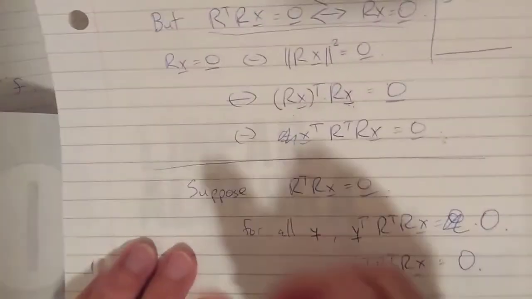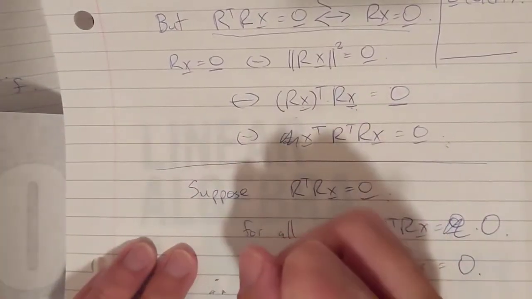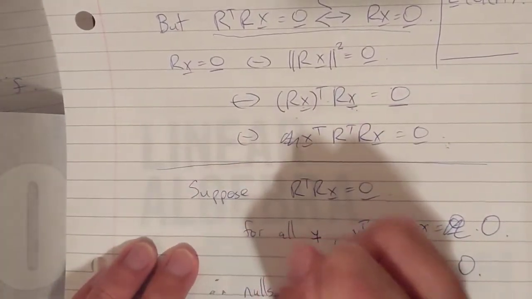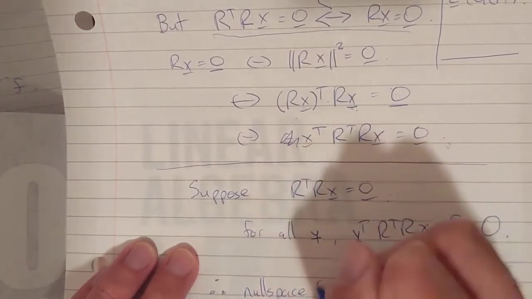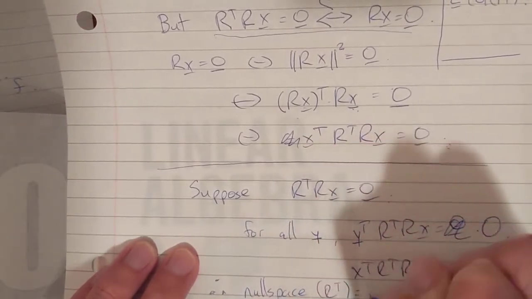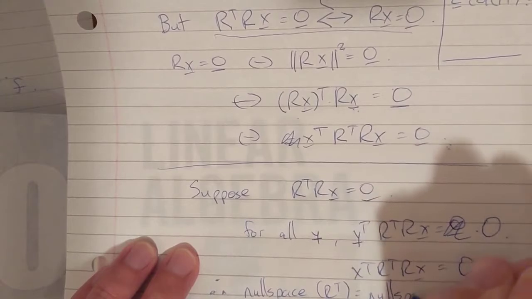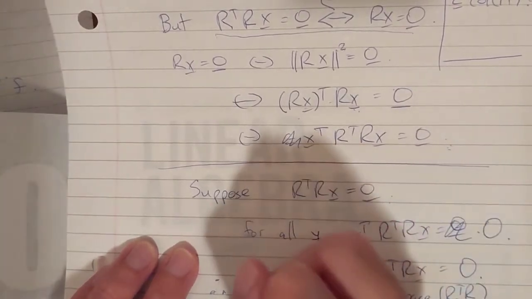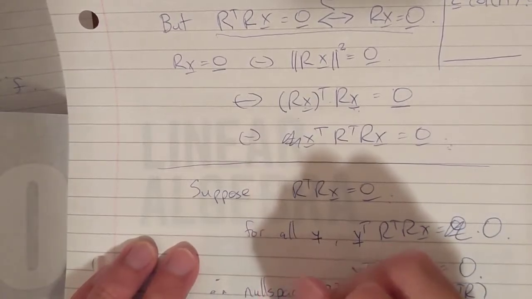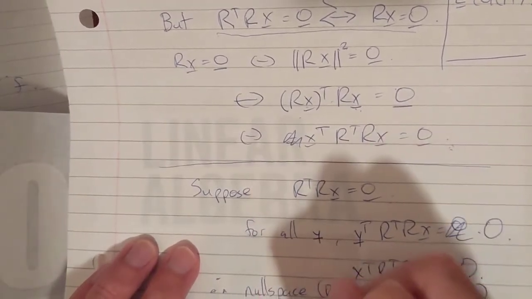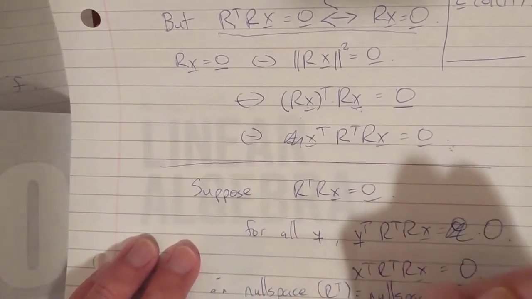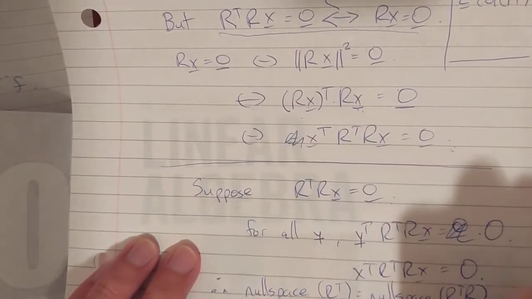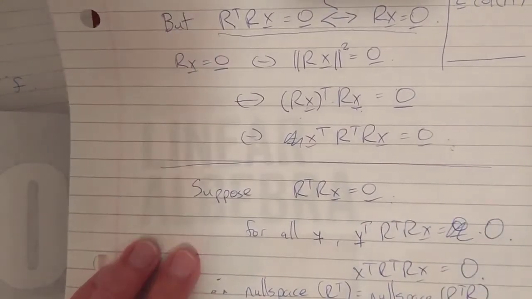Okay, that tells us that the null space of R transpose equals the null space of R transpose R. Therefore, their column spaces are the same. Column space of R transpose equals column space of R transpose R. And that's what we wanted to show.